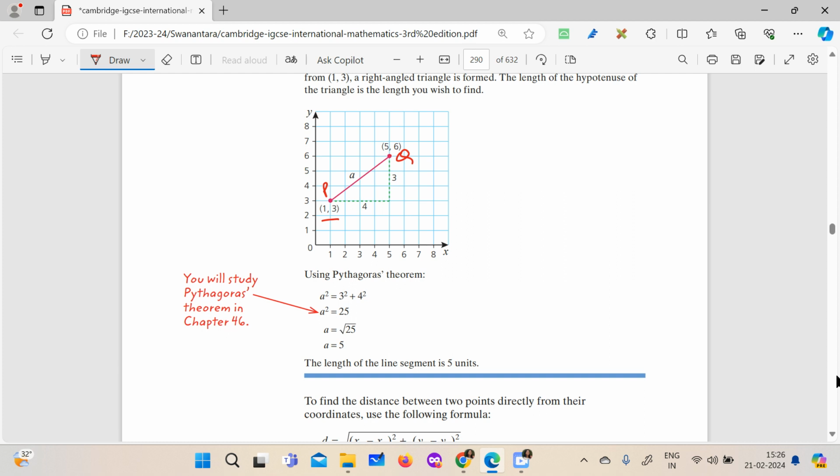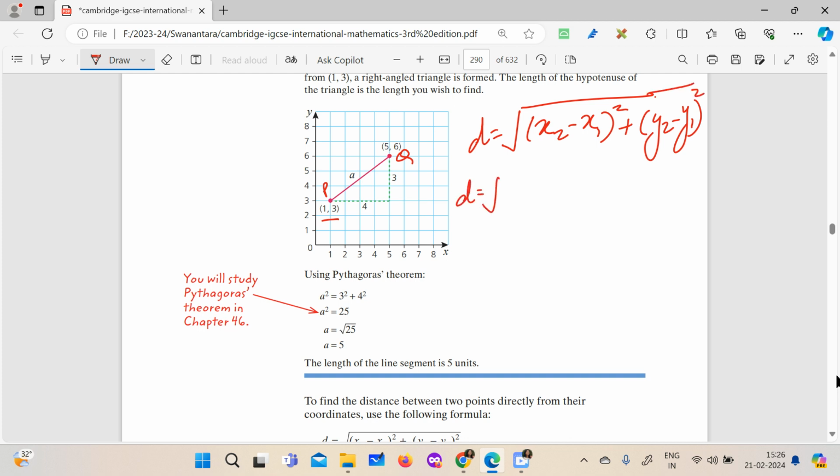use a general formula, that is distance is equal to under root of x2 minus x1 whole square plus y2 minus y1 whole square. Let's go with this.